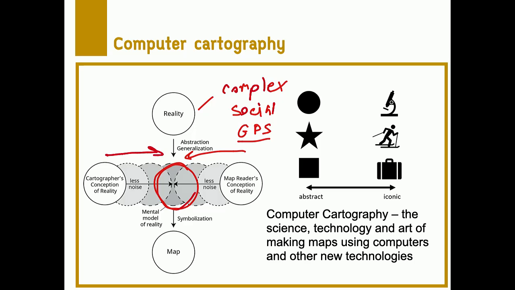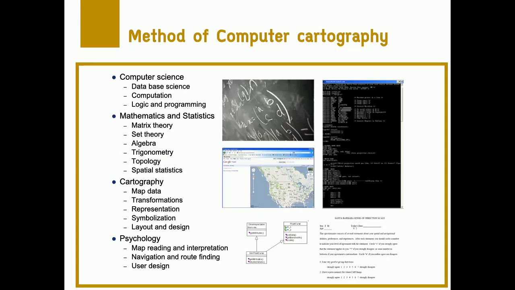But the map, and how to design the map, is also important. So how to integrate and design the symbology well is our main purpose, integrating with science and technology for making the map.